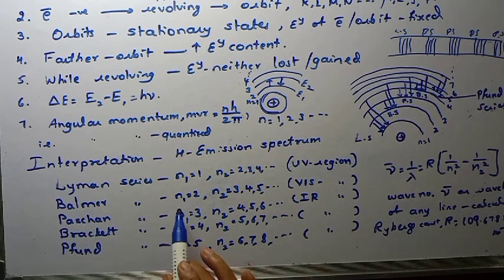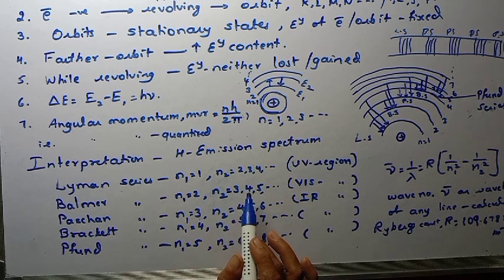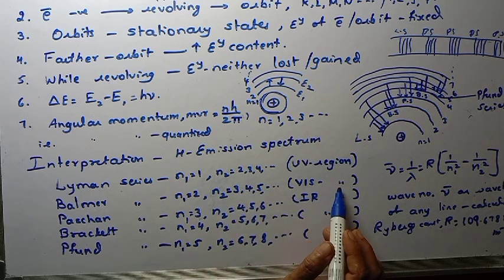Similarly, in the Balmer series, n1 is the second orbit and n2 is any of the higher orbits, and it is seen in the visible region.